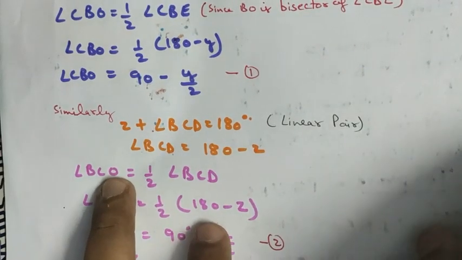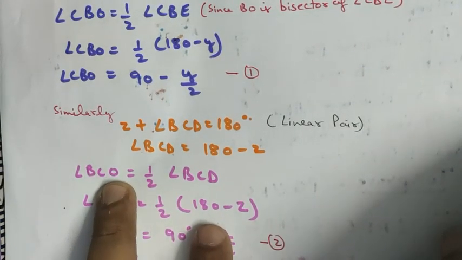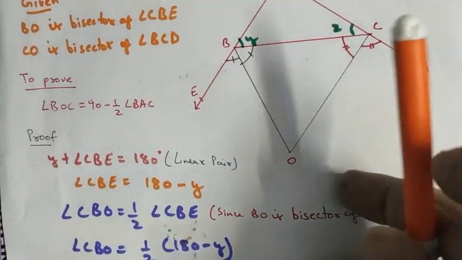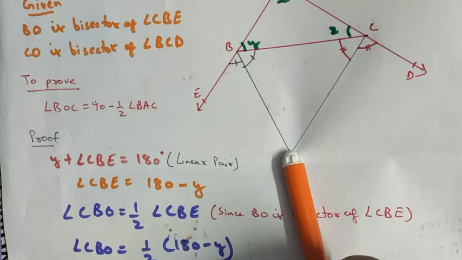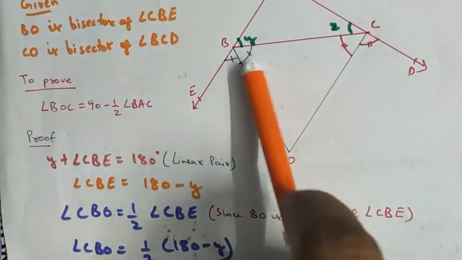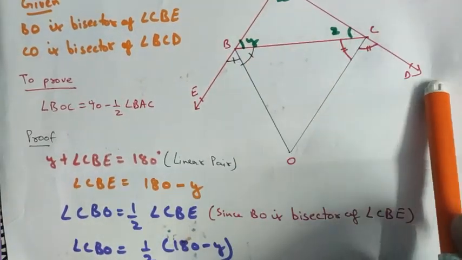Now angle BCO will be half of angle BCD.